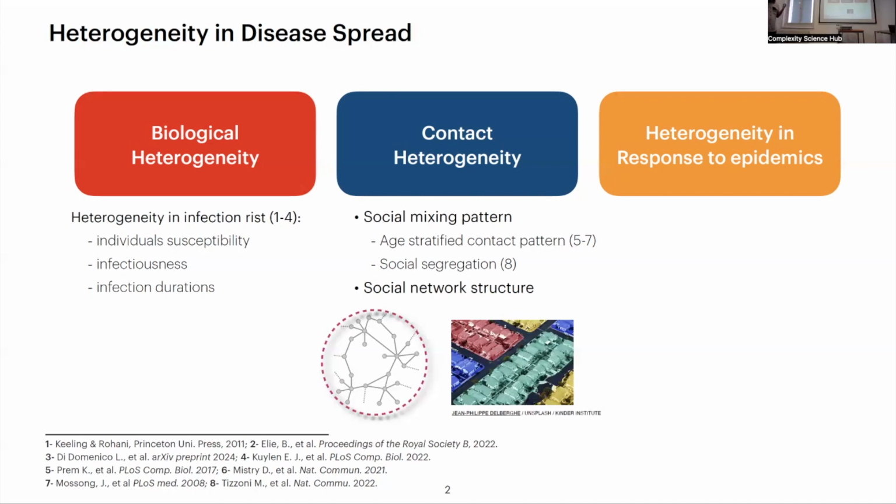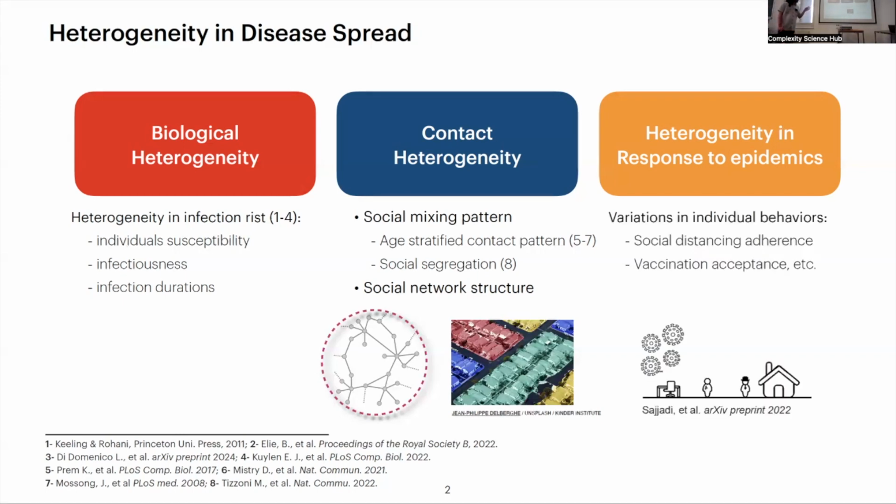There are tons of studies arguing that these kinds of mixing patterns can affect the spreading of disease. At a more granular level, we can talk about heterogeneity at the level of network structure, the contact network. This is the main topic that I'm going to present, and I will come back to it shortly. So let me just finish this part.